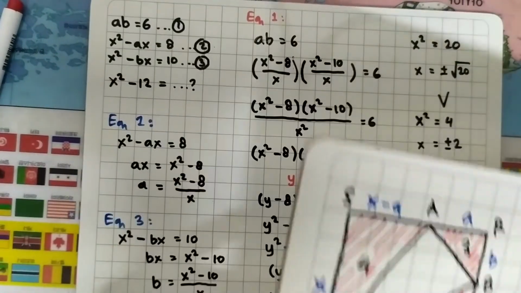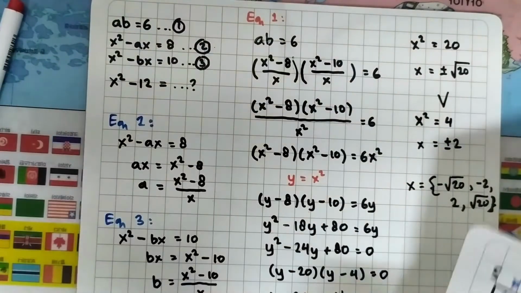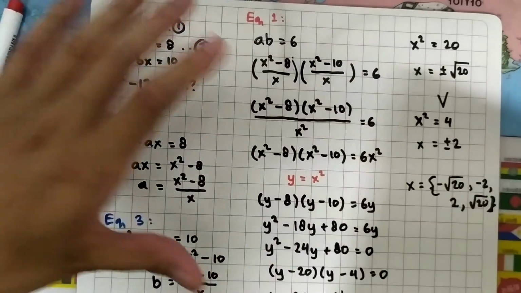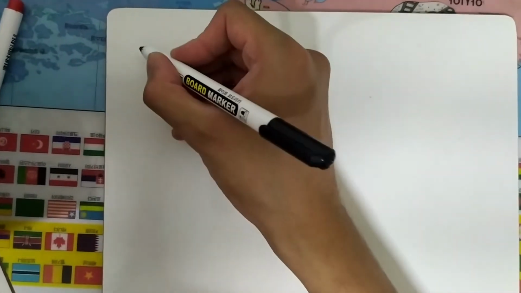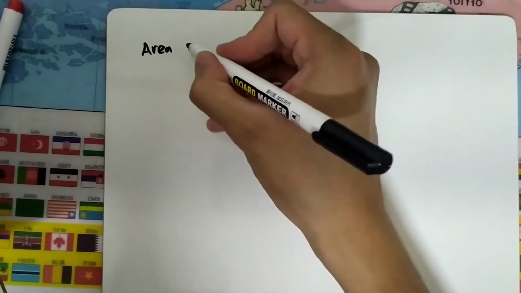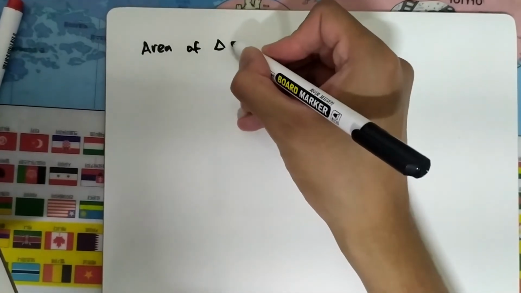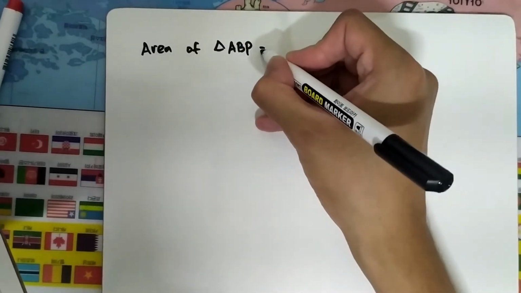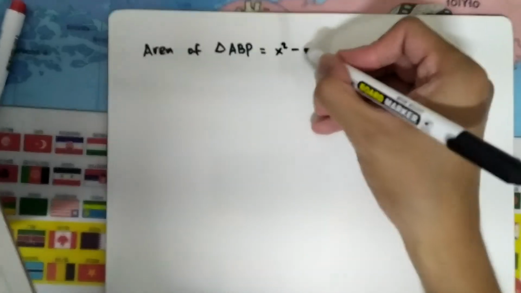Okay, let's move to a clean board here. So the area of triangle ABP is equal to x squared minus 12, and the possible values of x are plus or minus square root of 20 or plus or minus 2.